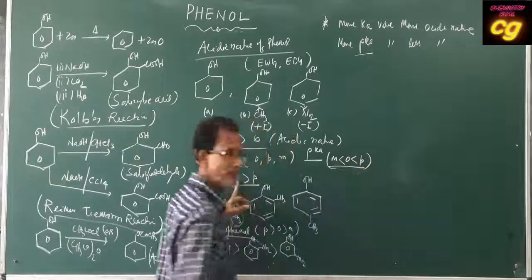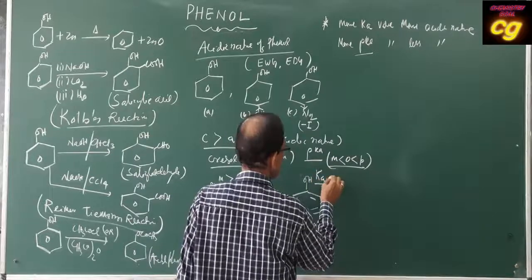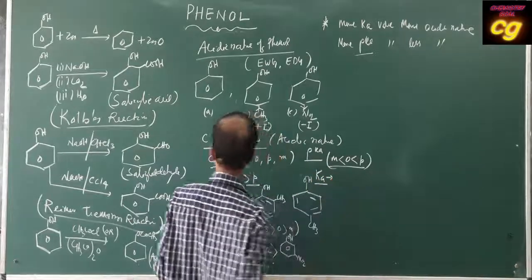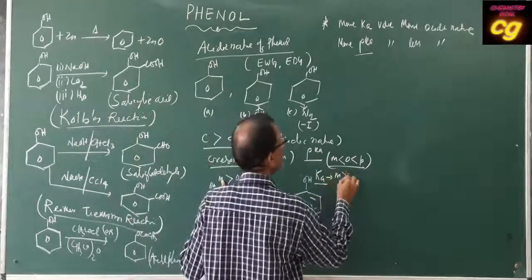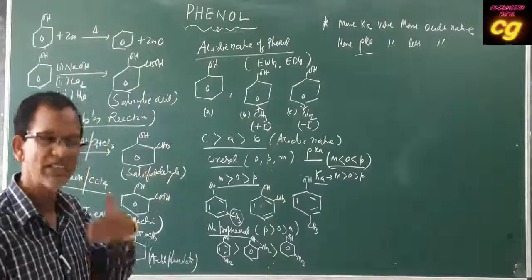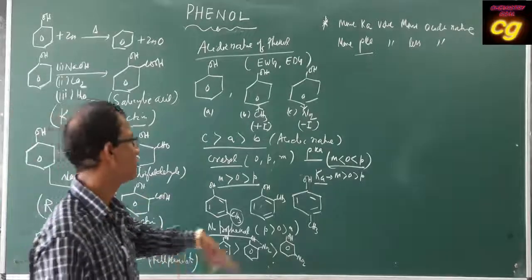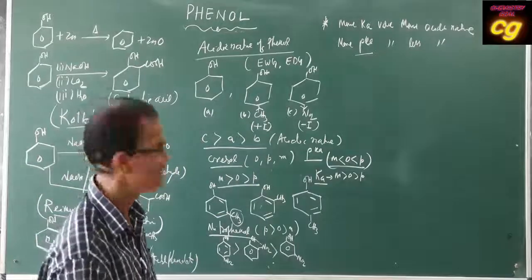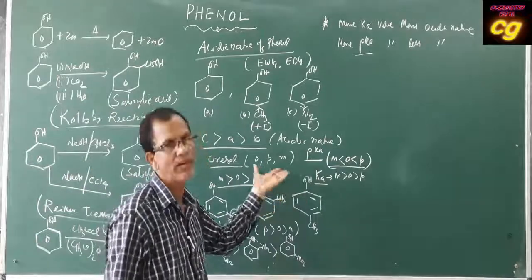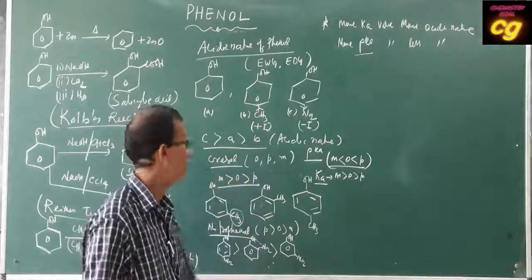Regarding K value, if it is asked, K value will be meta greater than ortho greater than para. Just opposite: higher acidic character, higher K, but higher acidic character, lower pK. Sometimes the question asks for the comparison of K value or pK value instead of acidic character.